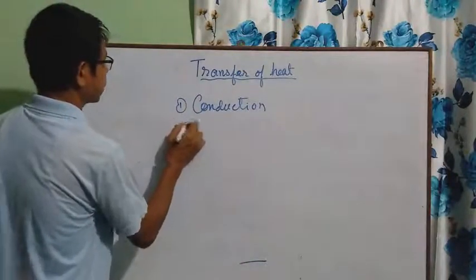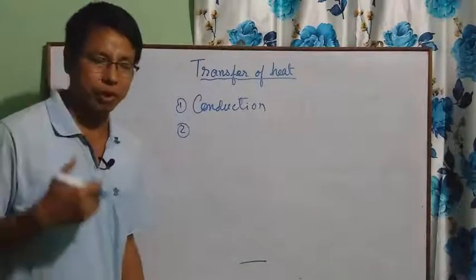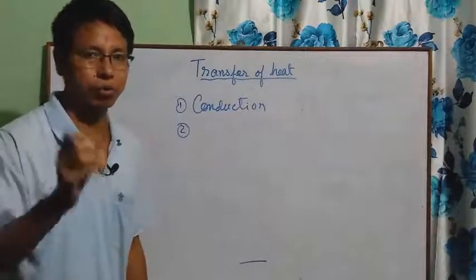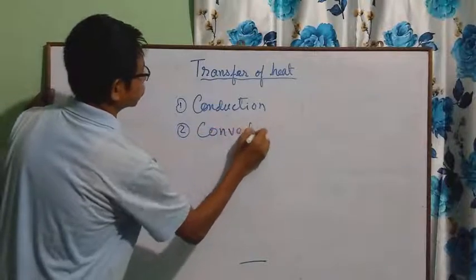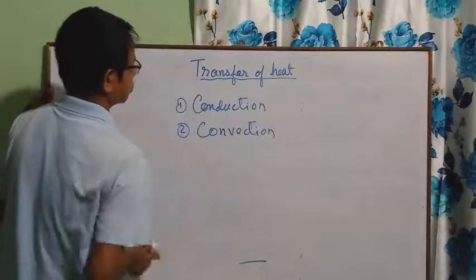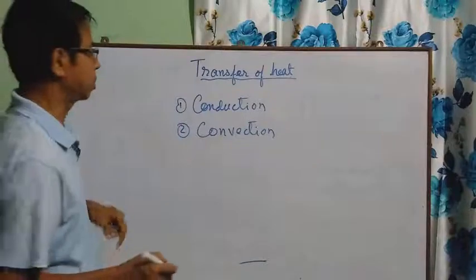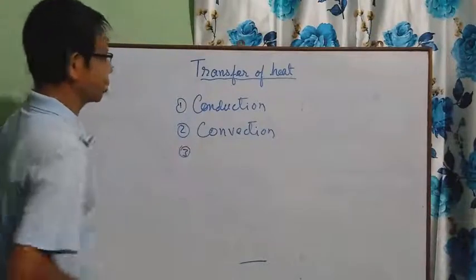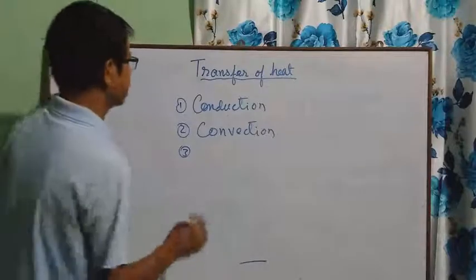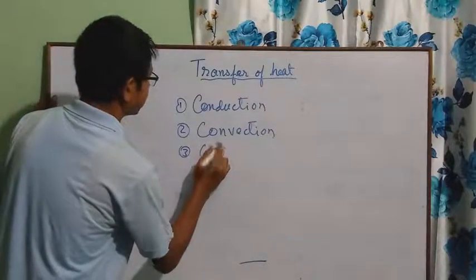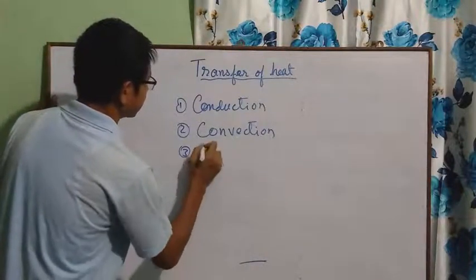The second one, where I myself go there and hand over the book, we call convection. This is in terms of transfer of heat. The third one, where I directly throw the book to him, is just like radiation. This we call radiation.